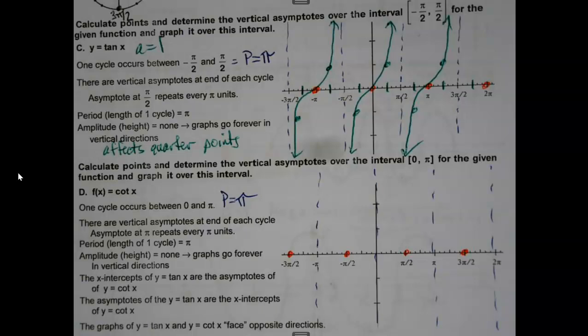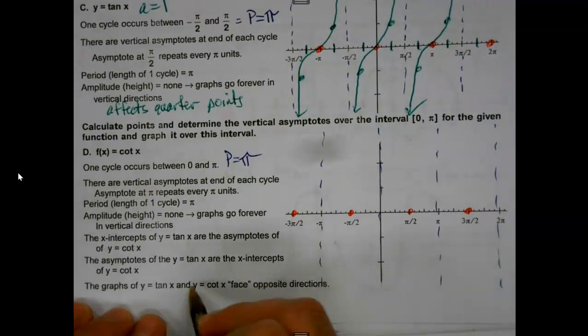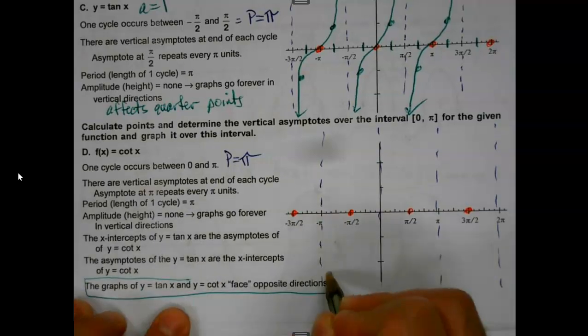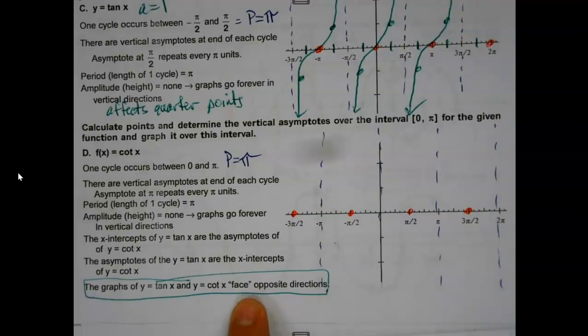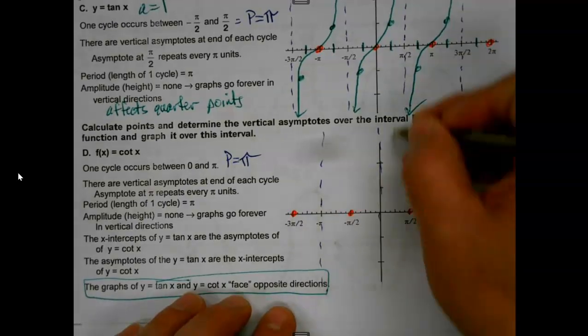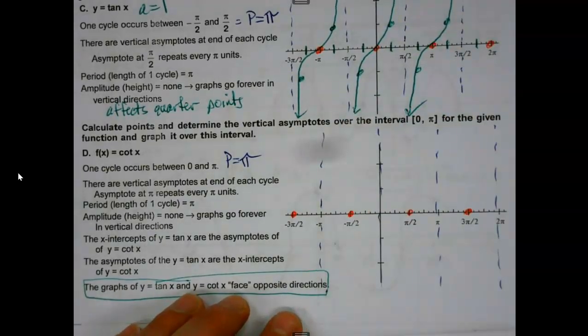And so the only other thing that's going to change is now, and I'll make note of this, the graphs face opposite directions. So now, instead of going up to the right, we're going to go down to the right.